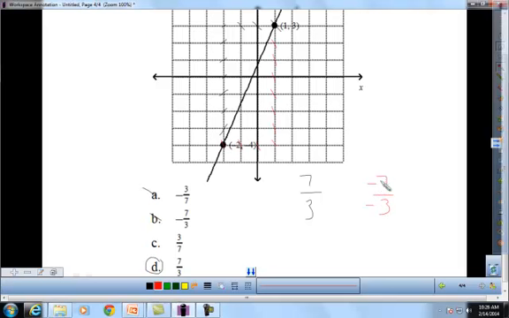Remember when we talked about in class, a negative over negative is the same thing as a positive over a positive. So you're still going to get a positive 7/3. The answer does not change. So really, you can start off on either dot. My suggestion is keeping it the same every single time you do the problem. That's why in class I always start off with the one farthest to the left.